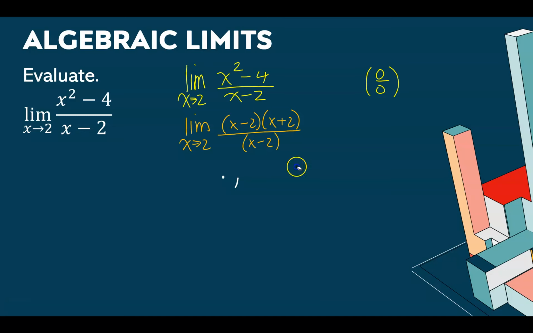And so instead of canceling, a better way to think of this is, if you did 2.1 minus 2 over 2.1 minus 2, that would be 1. That's kind of a waste of time. Likewise, if we put in 2.01 minus 2 in the numerator and 2.01 minus 2 in the denominator, that's going to be 1. So whenever we're doing a limit as x approaches 2, those x minus 2's are irrelevant. We might as well just do the limit as x approaches 2 of x plus 2.